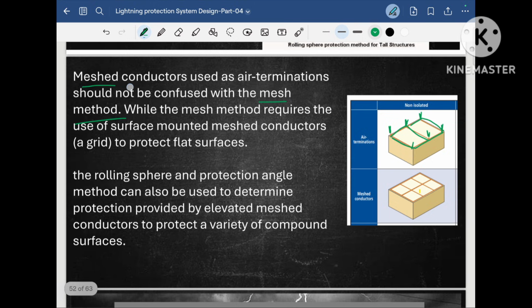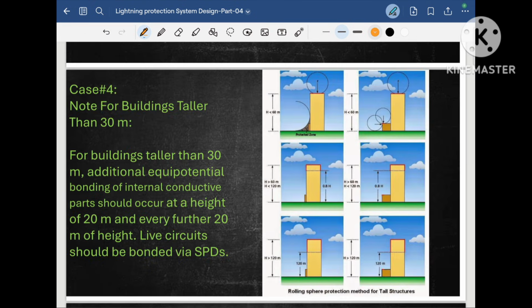Here it is mentioned, mesh conductor used as an air terminal termination should not be confused with the mesh method. We are connecting the air terminals by using copper tape in order to loop them, but this looping is not a mesh method. It is just a mesh conductor which is looping the air terminals.